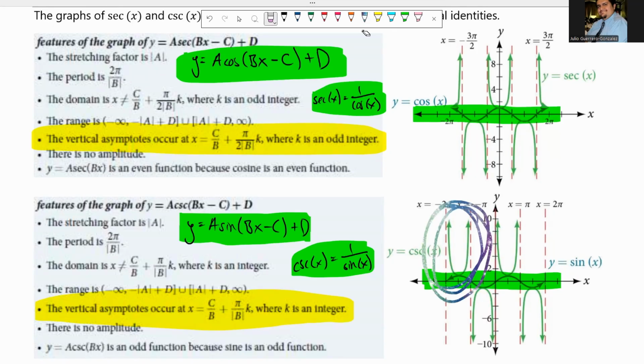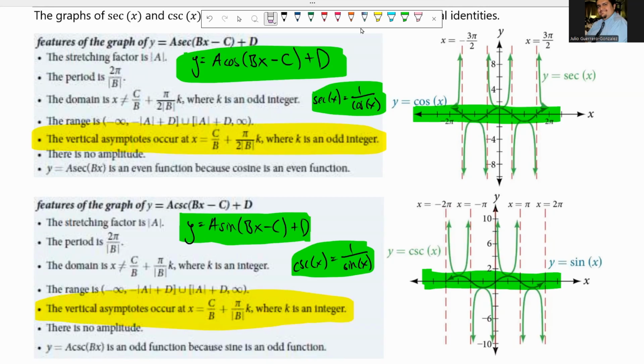And likewise, if between those two asymptotes we have a trough, a dip, then we know that U shape is going to be facing downward. That's it. So if you're able to graph sine and cosine, it's not too much more work to figure out how to graph secant and cosecant.